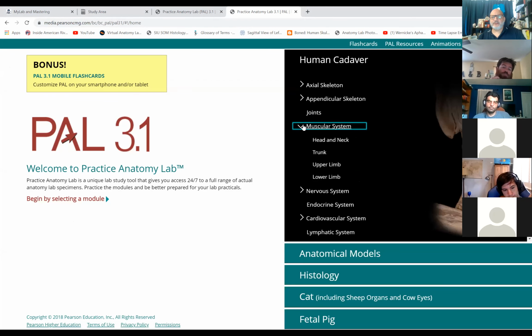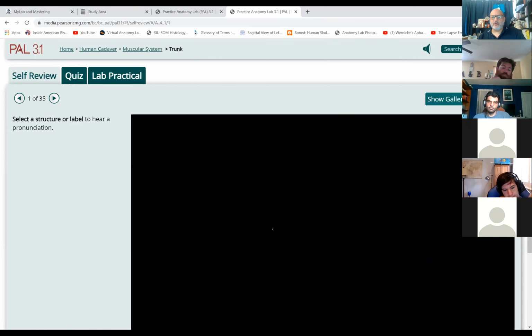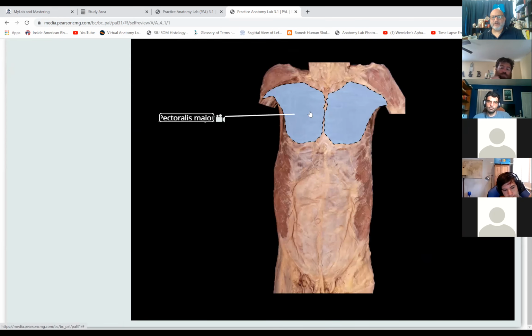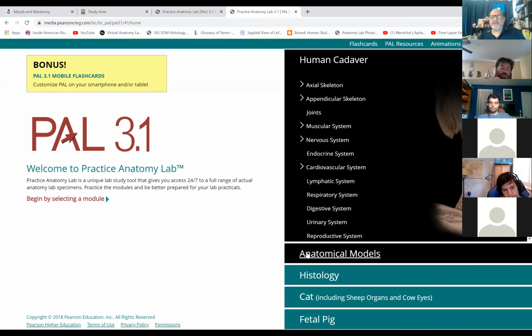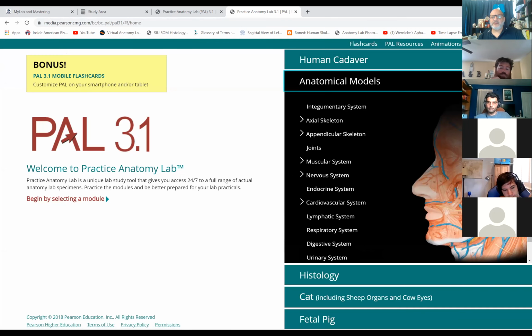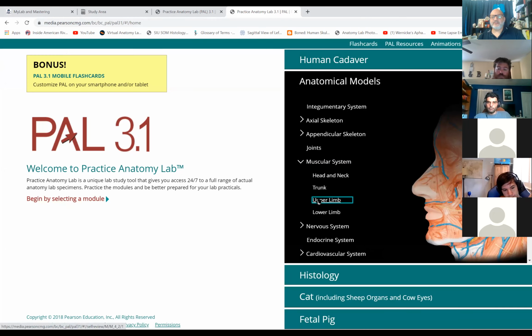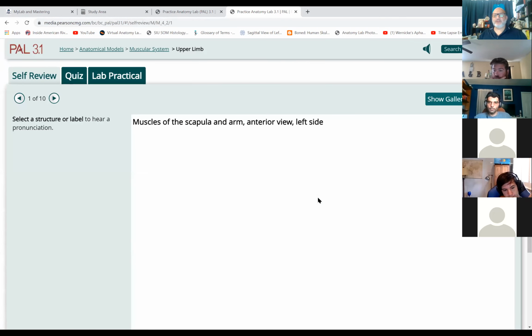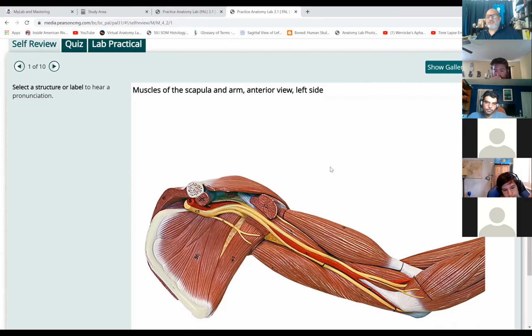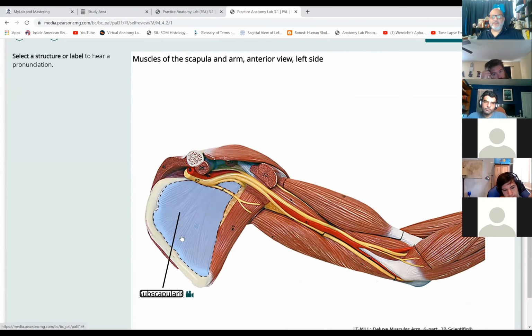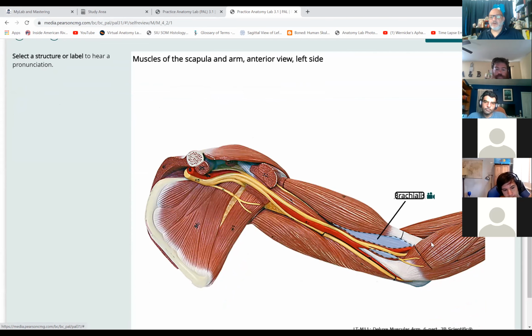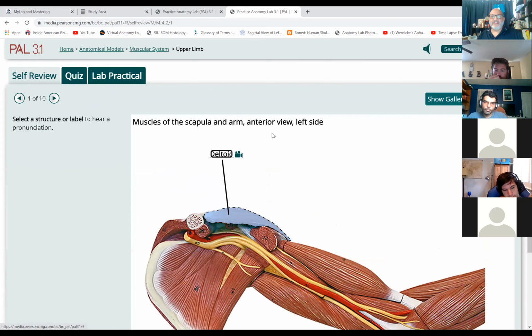But the other thing that is here, go back up to the top, go back to the home. If we look at the muscular system, yes, there are cadaver pictures that are really cool where we can see the muscles on the cadaver and they're useful that way. But what you're going to be tested on more is the anatomical models. So notice if you go to the muscular system and you look at the upper limb, you have pictures here that are identical to the models that we have in the classroom, which can help you to learn the muscles of the arm that you're responsible for, or the leg that you're responsible for.